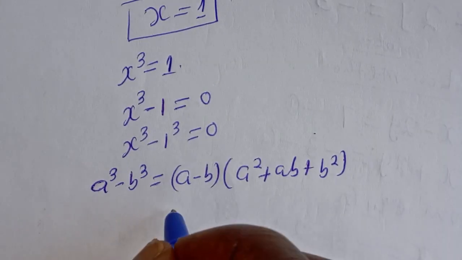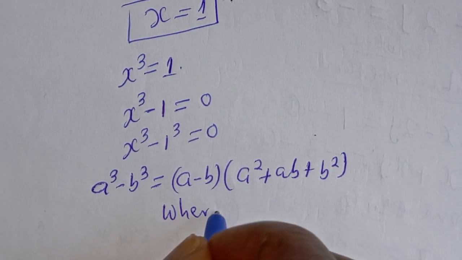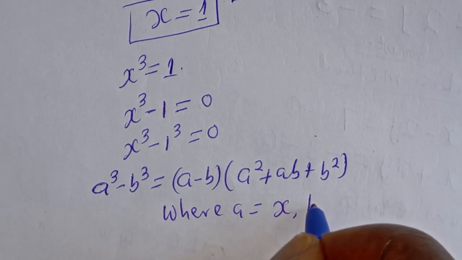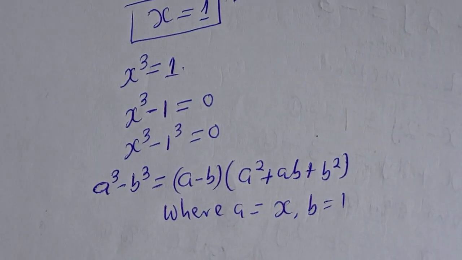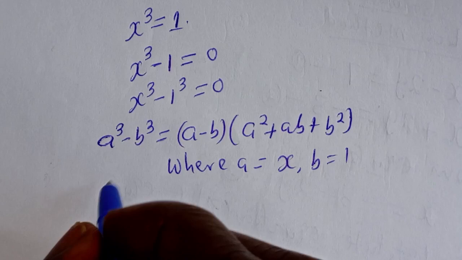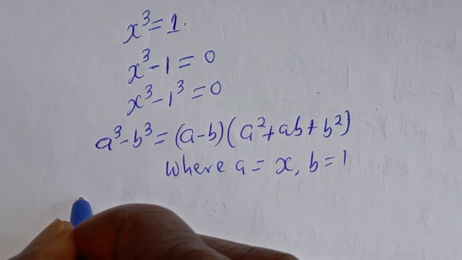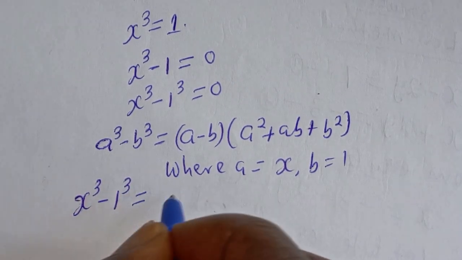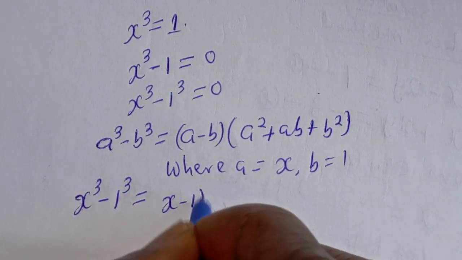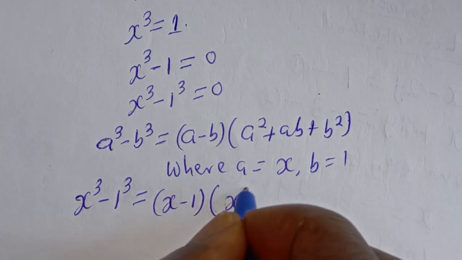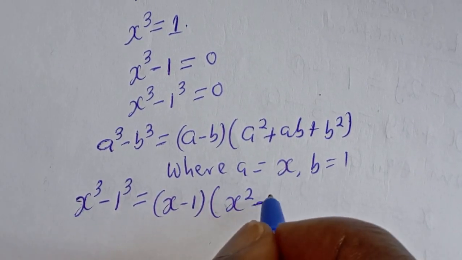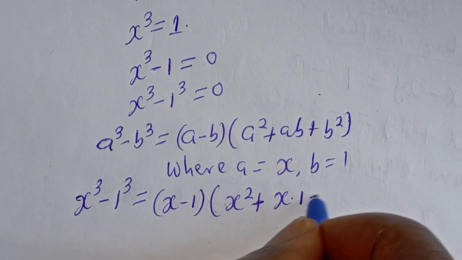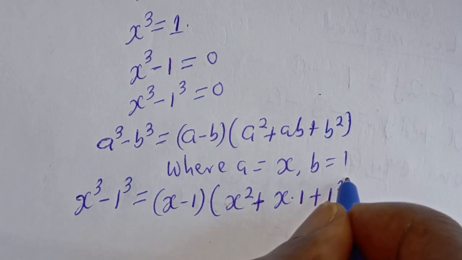Now from here, A is equal to S and B is equal to 1. Let's substitute. S raised to power 3 minus 1 raised to power 3 is equal to S minus 1 bracket S square plus S multiplied by 1 plus 1 square.